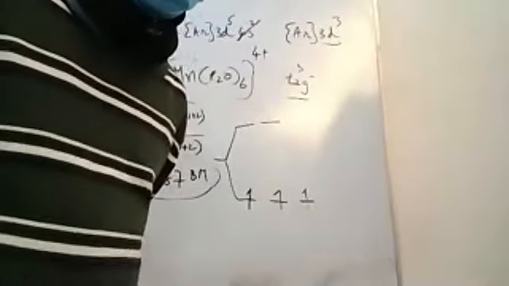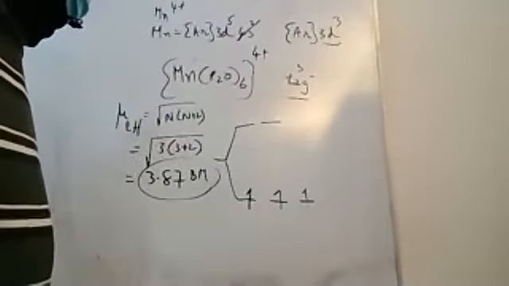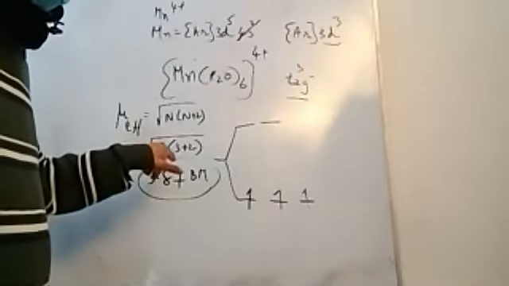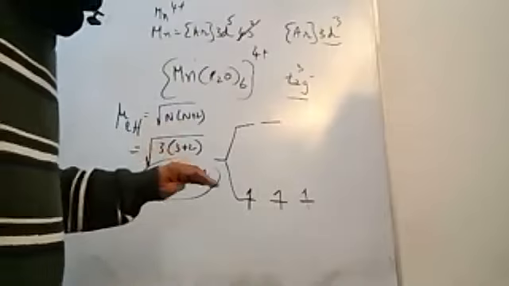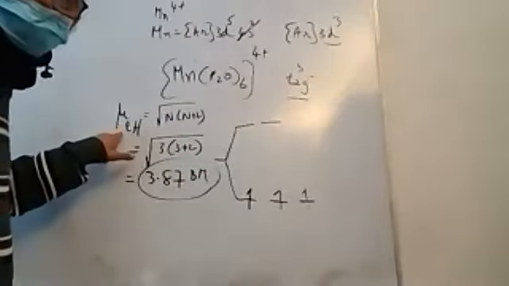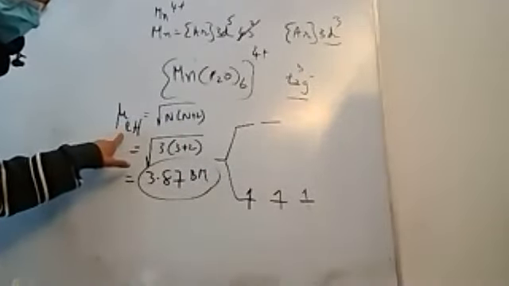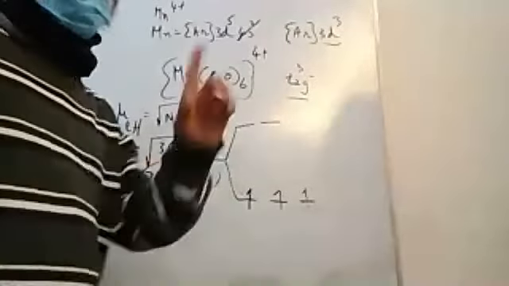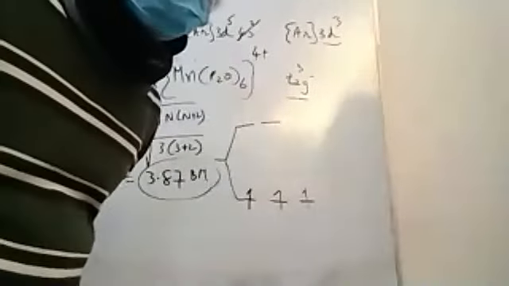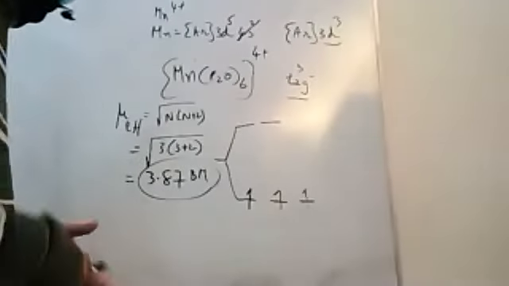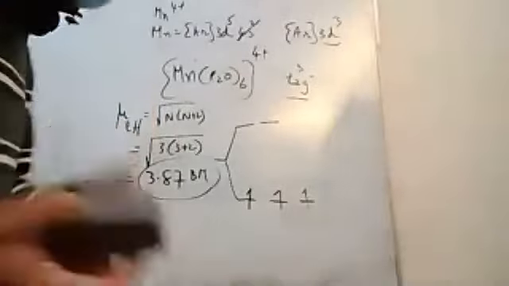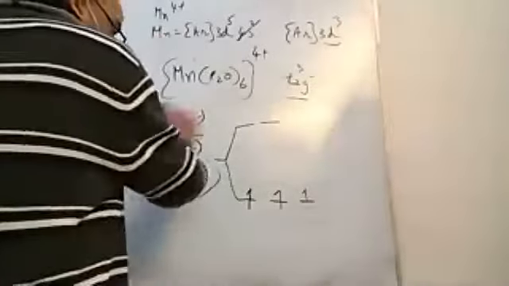The square root of n times n plus 2, what is that looking for again? Effective magnetic moment. Okay, thank you. Sometimes if you give the effective magnetic moment, you should be able to calculate the number of unpaired electrons too. You should be able to do both ways. Okay, great. So let me give you a couple more examples and then get into some interesting stuff here. We're not done yet, we're just starting.